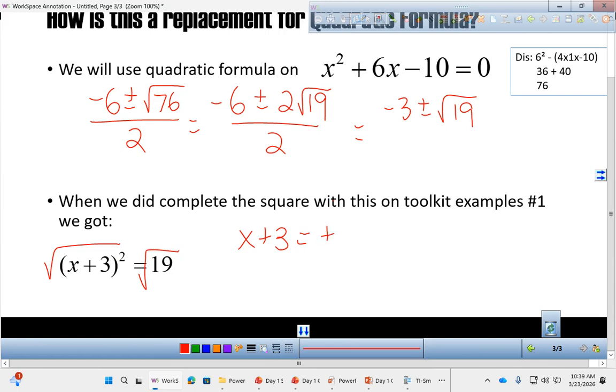You get the plus and the minus. And then I would subtract the 3 over. And you can see I end up with the same thing that I do for quadratic formula. So you can use quadratic formula to get negative 3 plus or minus root 19, but you can use complete the square to do the same thing.